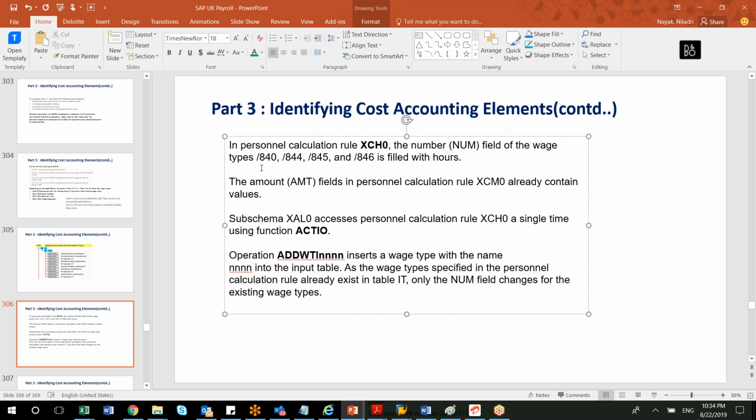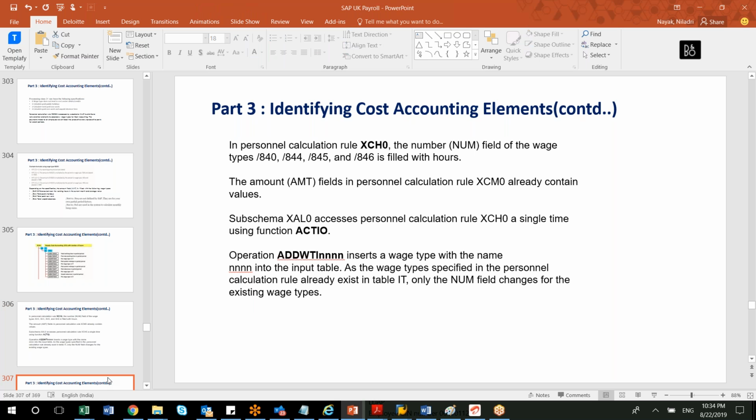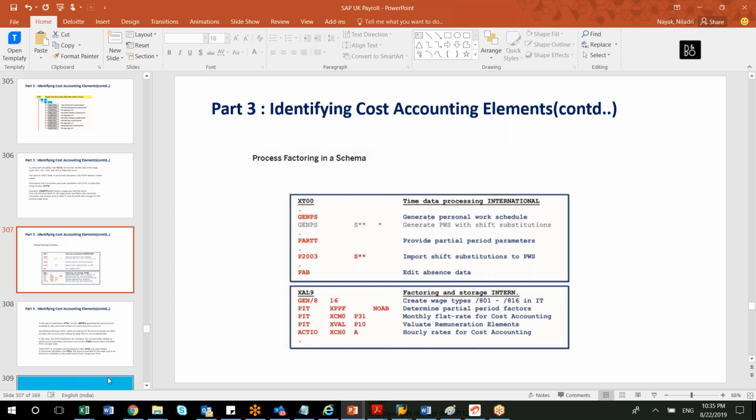Also, as I was explaining, ADDWT: whatever the add wage type is, it will insert those specific wage type values. All this calculation will be happening. But I suggest you go through this and generate. Process your payroll by modifying this processing class. First remember the original processing class, then run the payroll and see the log.